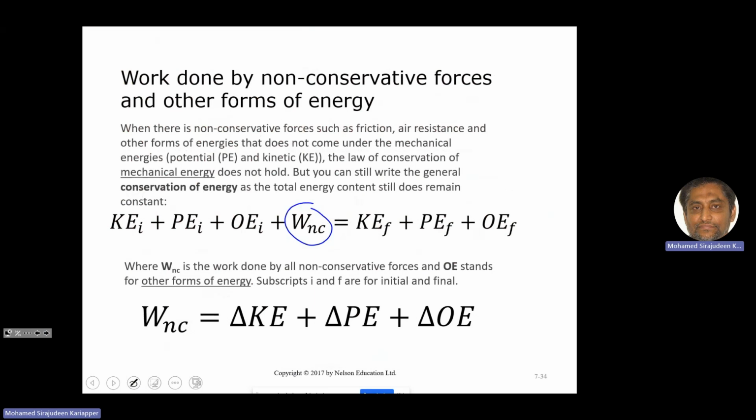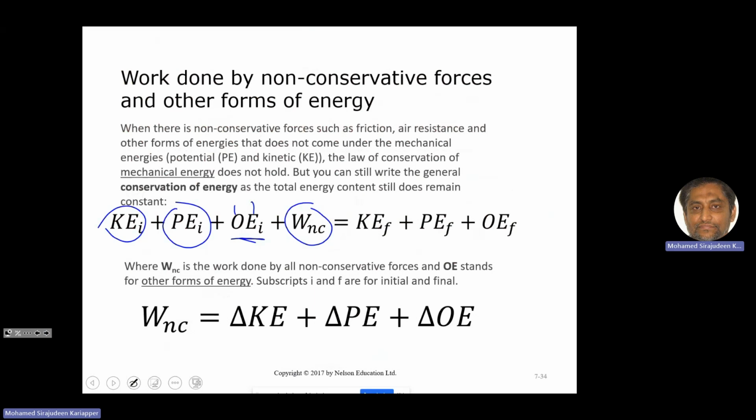So we will say initial kinetic energy plus the initial potential energy, and there may be other forms of energy, OE, other energy. OE stands for not the kinetic energy, not the potential energy. You can have other types of energy. For example, if you take a human being and you consume food, it creates energy, right? So that can be chemical energy, or maybe nuclear energy.